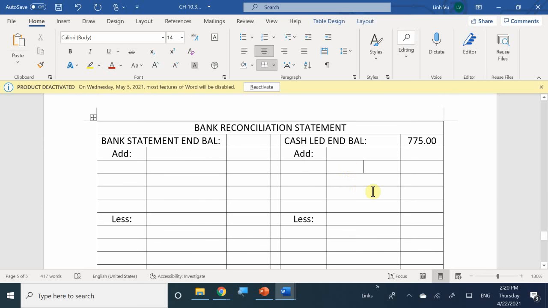I have interest for $50, and I have ACH for $250. So in grand total, how much am I going to be adding to my cash ledger? 75. No, adding. 300. Perfect.